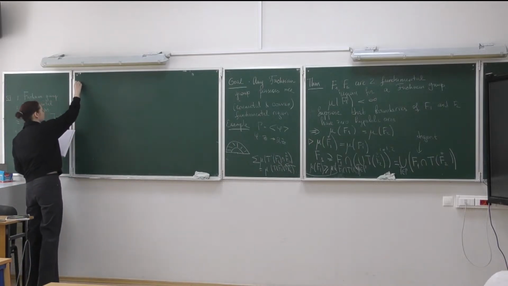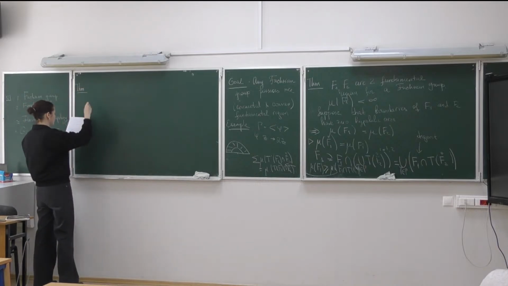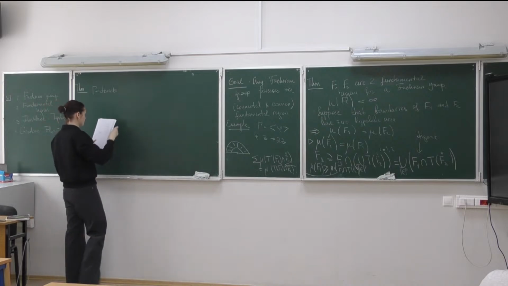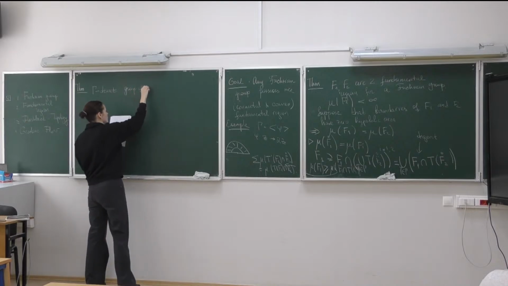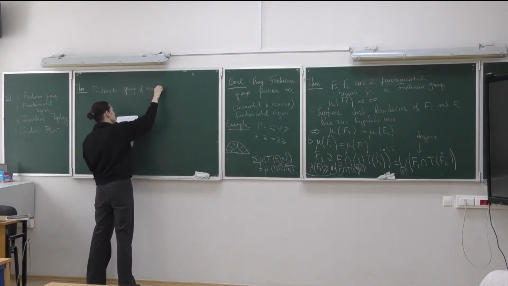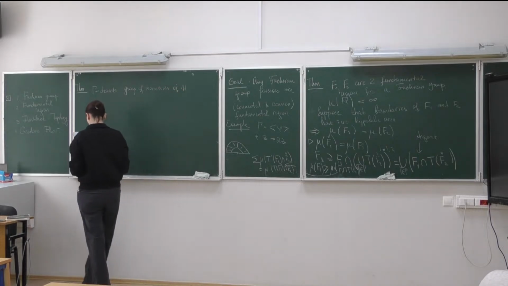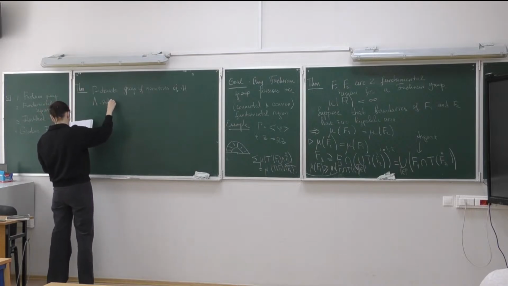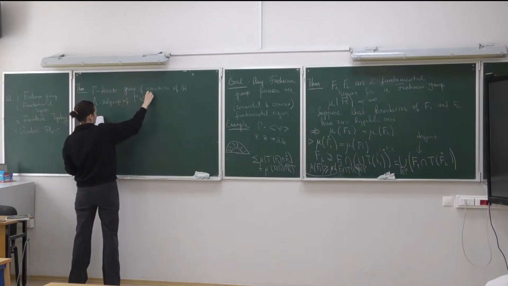So, theorem. We have a discrete group of isometries gamma, and we consider a subgroup lambda of gamma of index n.